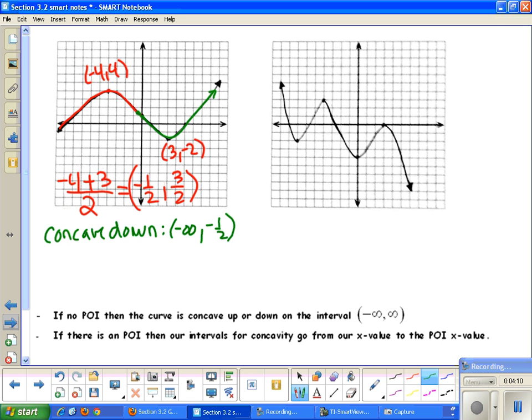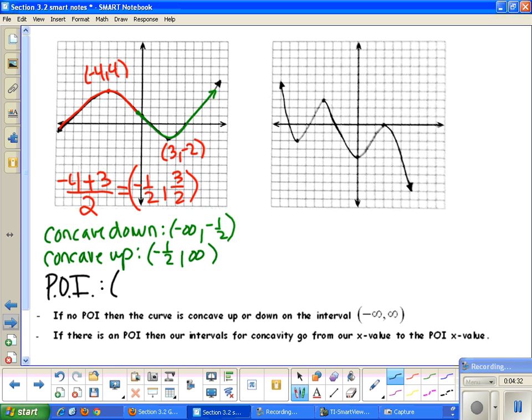That's why I'm going to use a parenthesis. Then for the next part, I am concave up because the curve's bending upwards, and it's on the interval from the x value of my point of inflection, -1/2, to +infinity. And then of course I'm going to write down POI, which I use for point of inflection.